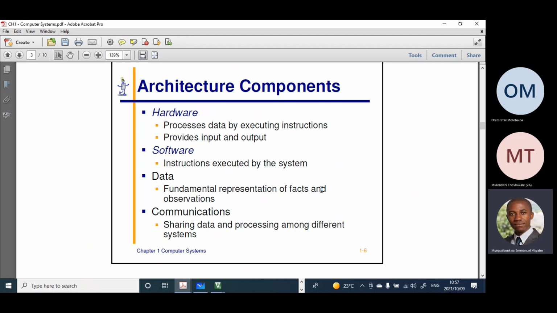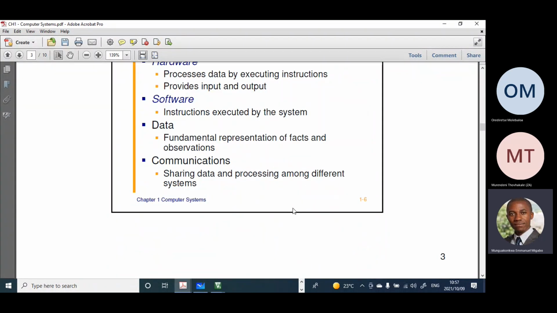So when you speak about the architecture of a computer system, you need to define what hardware it's made of, what software runs on it or it can handle, what type of data it deals with. Is it images? Is it sound? Is it text? Is it characters? And what type of communication abilities it has? Okay, that's important.